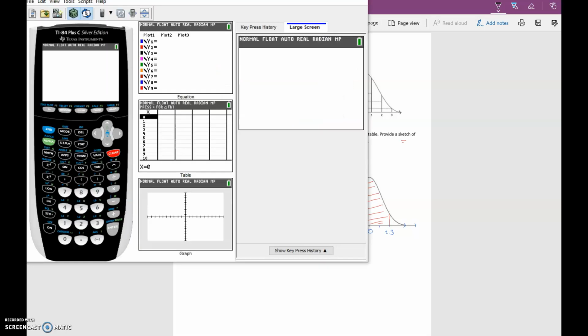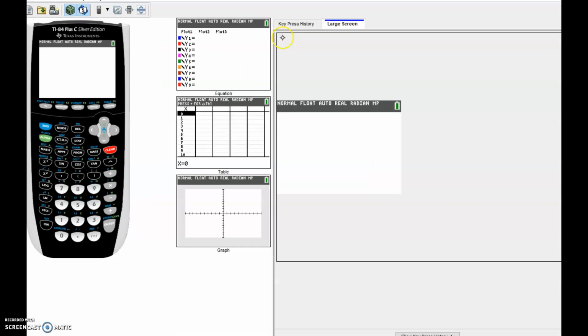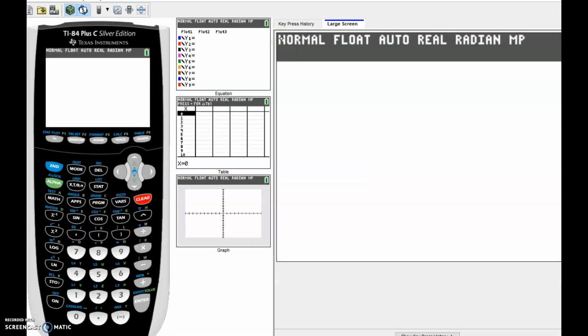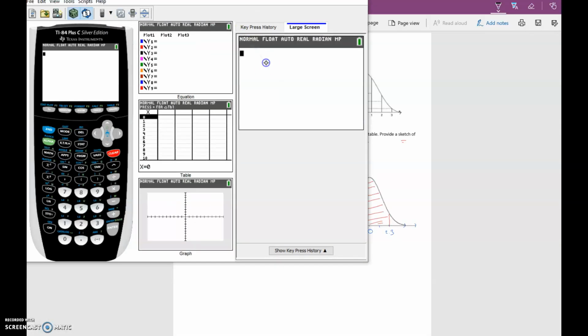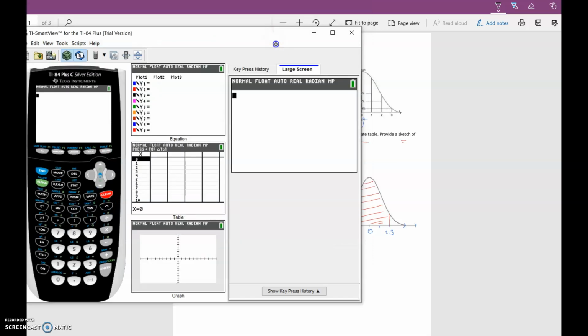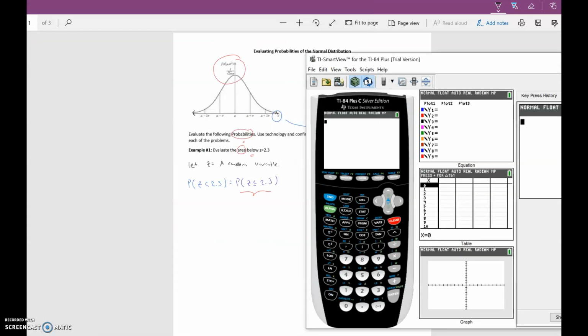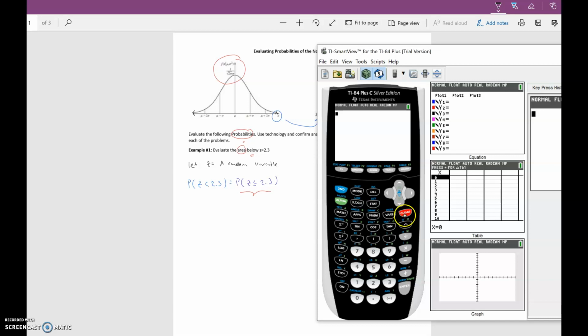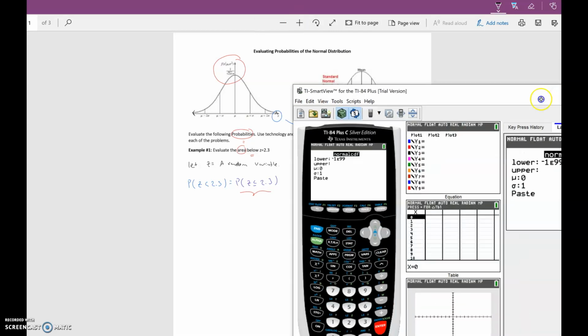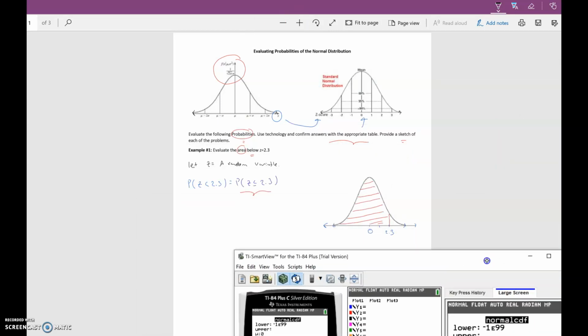And let me show you where to find the shortcut on the calculator for this specific scenario. So in your calculator, you're basically going to activate the following command. You're going to go to second, distribution, and then you're going to activate the normal CDF. Now, the normal CDF is going to work based on the following parameters.